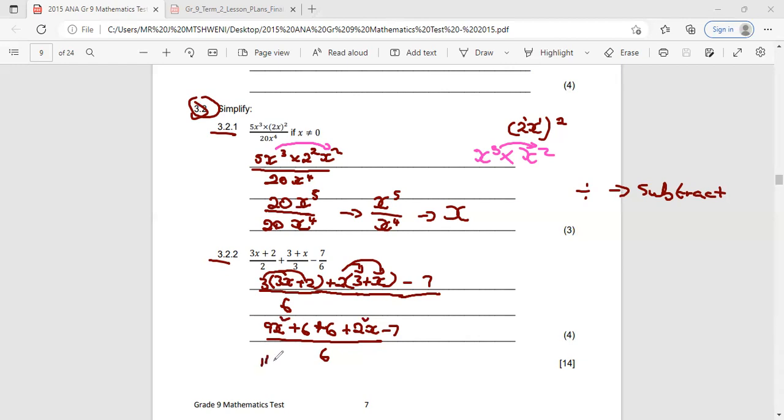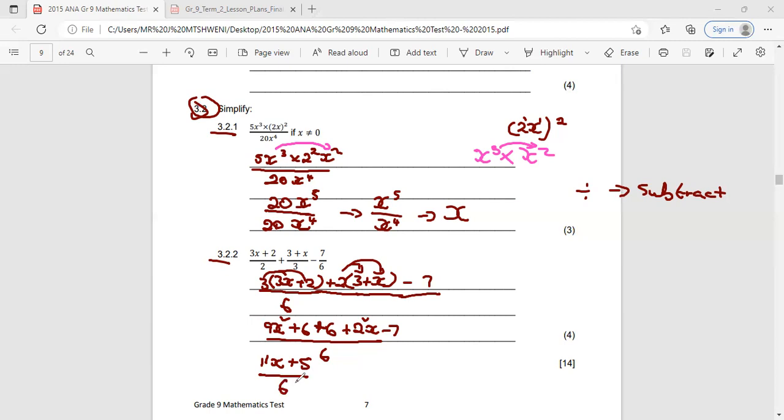Then we have 11x. 6 plus 6, it's 12. Minus 7, it's 5. So plus 5, divided by 6.